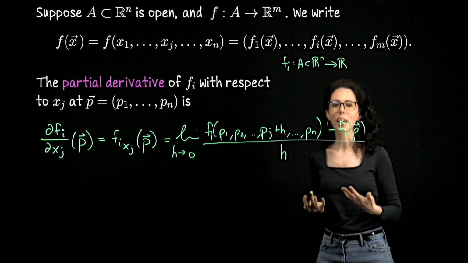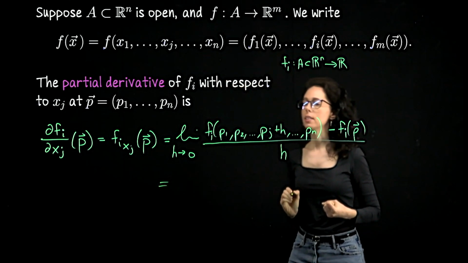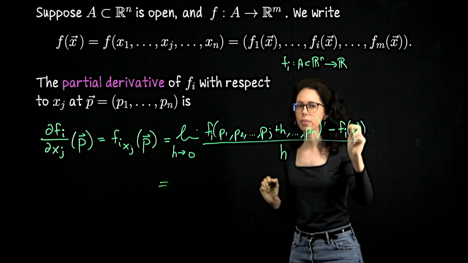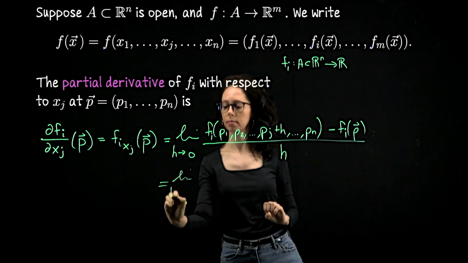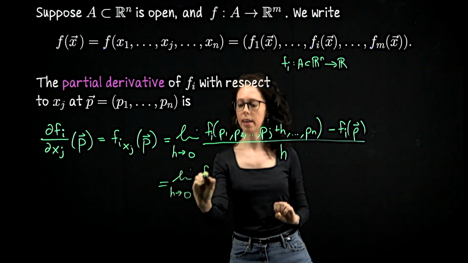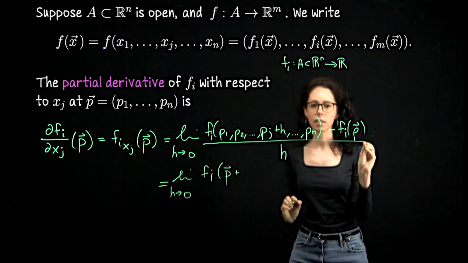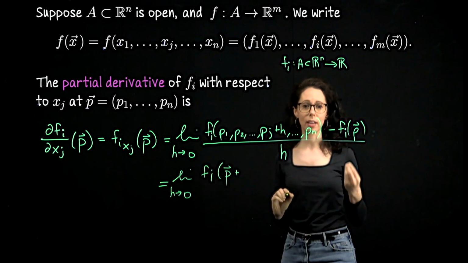This is one way to write it with kind of coordinate expression. But the way that I like, and what we will see in our computation, is this is like start at p and perturb in the jth coordinate. So a more concise way to write this is to say start at p and add to it a little scaled version of the jth standard basis vector.